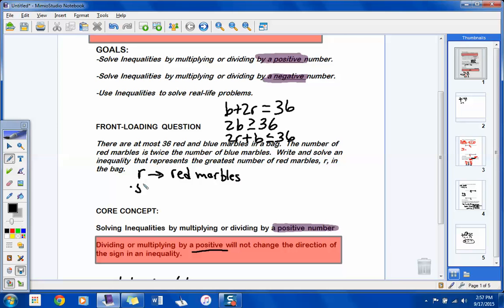So 0.5R is going to be the blues. It says added together you have at most 36. At the very most there's 36 in here, which means 36 or less. So I should be able to take 1R plus 0.5R and set that less than or equal to how many, guys? 36.